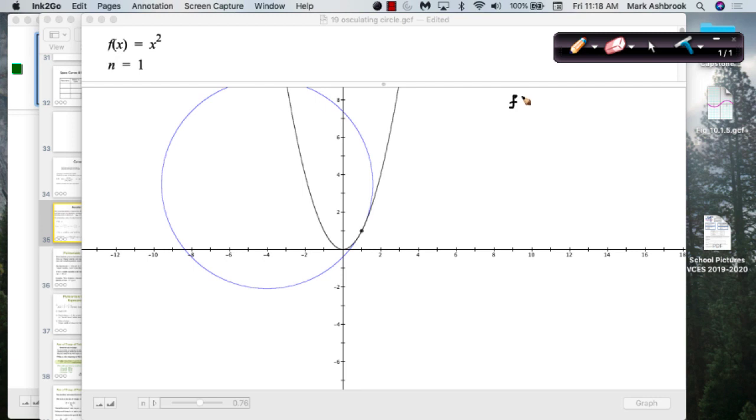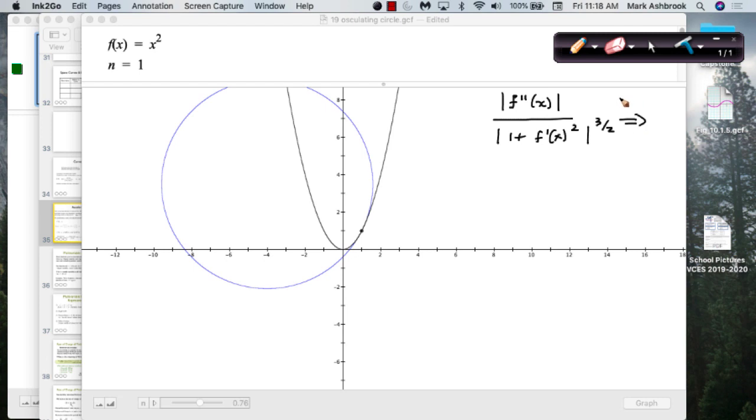Magnitude of f double prime of x. Is this it? Yeah. Okay, very cool. And what's our function? x squared. Second derivative is 2.